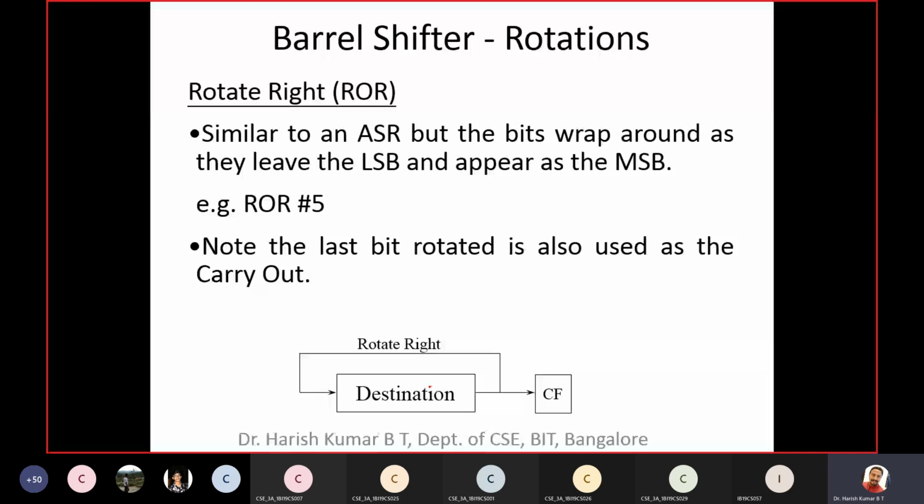Okay. Next, rotate right. You can do rotate right and rotate left also.